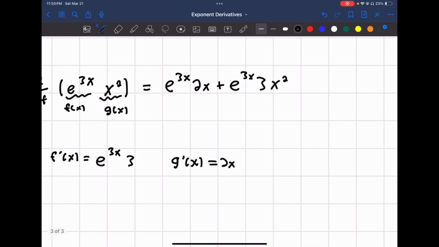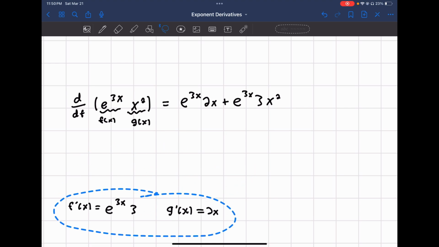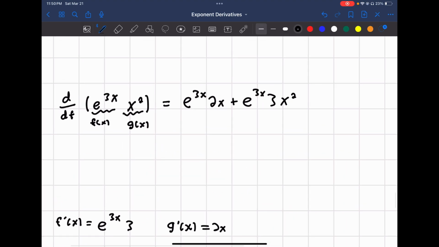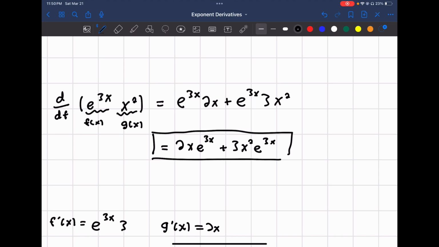And let's rearrange everything. It would simply just be 2x times e to the power of 3x plus 3x to the power of 2 times e to the power of 3x. And this is our final answer.